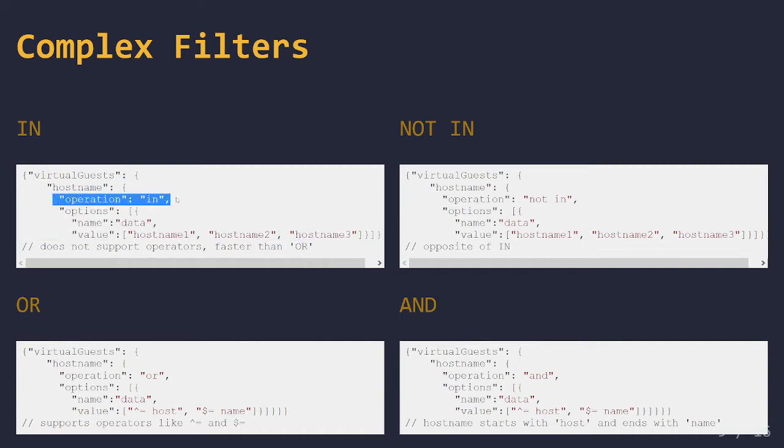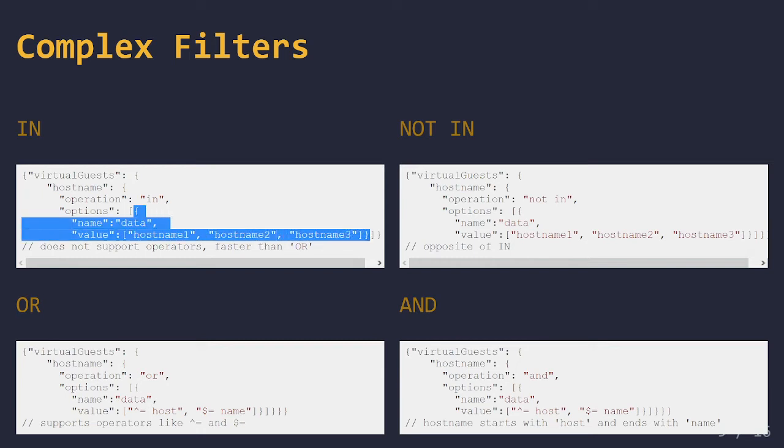We're going to specify in. And that operation is going to have options. This options is going to be an array of options. So this is one option. The option needs a name, and that name needs to be data here. The value needs to be an array of the strings for your in operation.